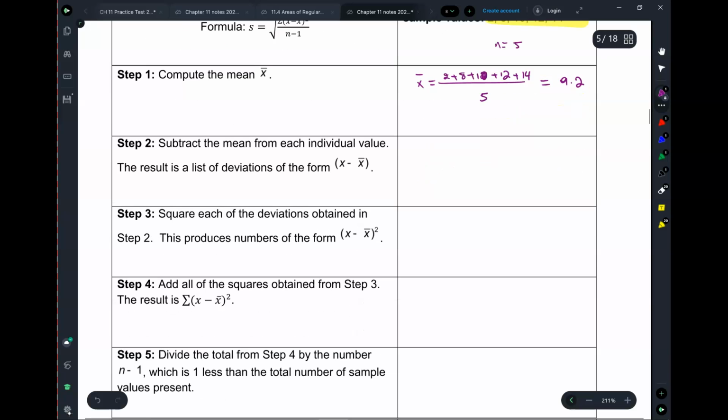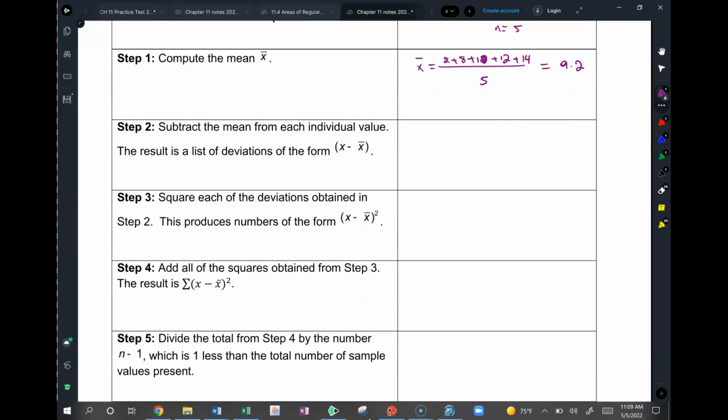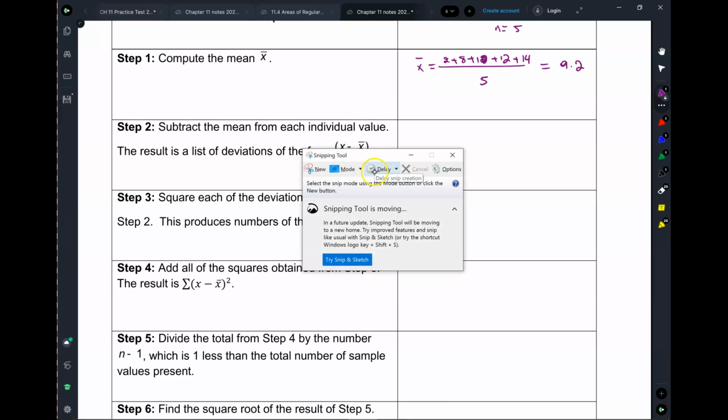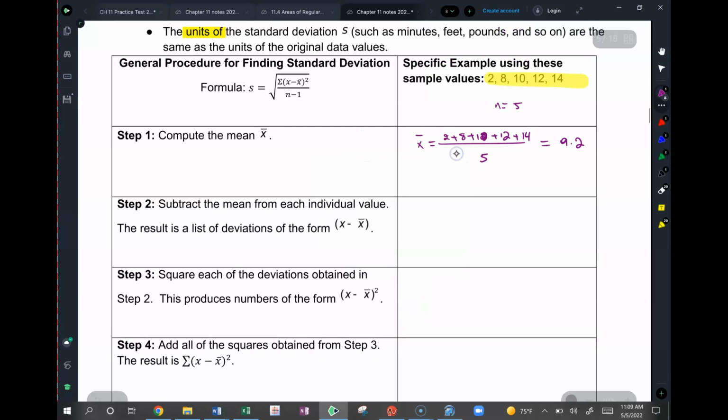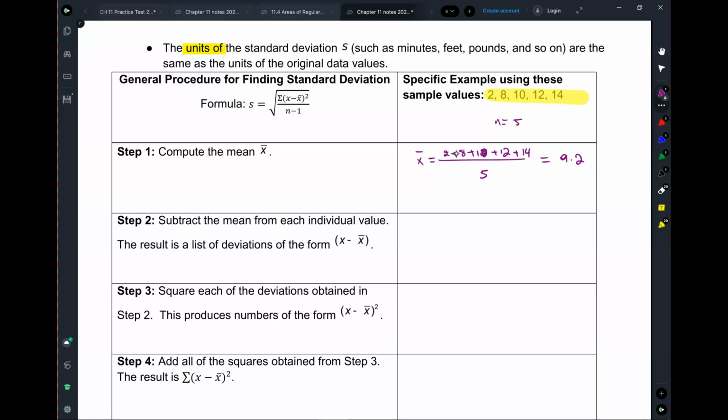Okay, step 2. Subtract the mean from each individual value. So we take the first point here, 2 minus 9.2, that's negative 7.2.